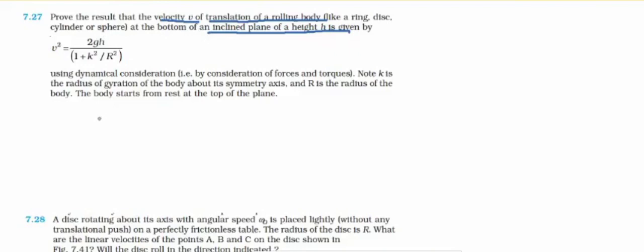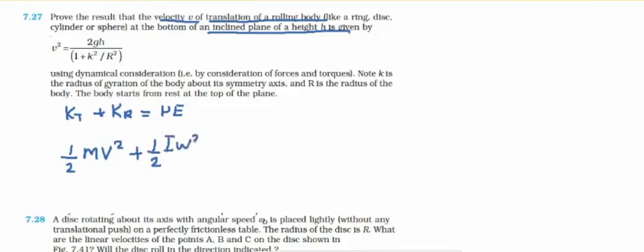Already we have seen the total kinetic energy, kinetic energy of translation plus kinetic energy of rotation, is equal to potential energy, applying the law of conservation of energy. So half mv square plus half I omega square is equal to potential energy mgh.